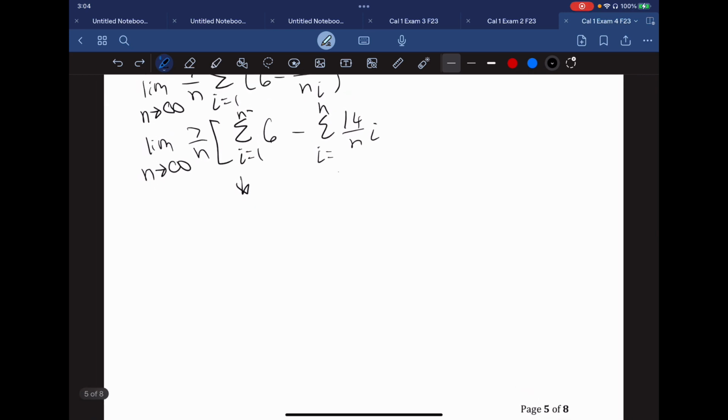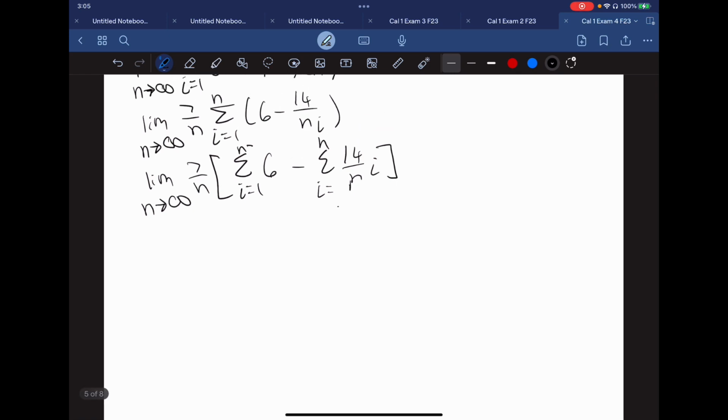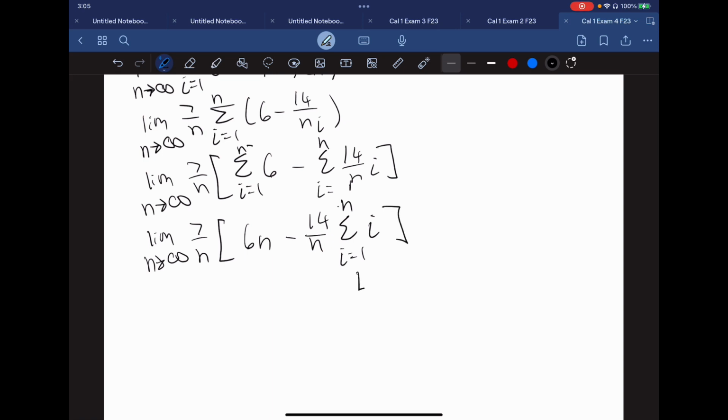And the i rule applies here only once we move this constant out in front of this sigma notation. So let's apply first the constant rule. 6n, then now let's move the 14 over n in front of the sigma notation, i equals 1 to n, and then i, right? And then with the i rule, we can figure out what this all equals.